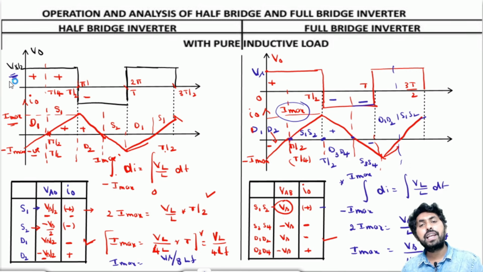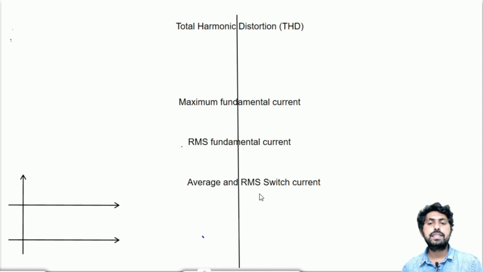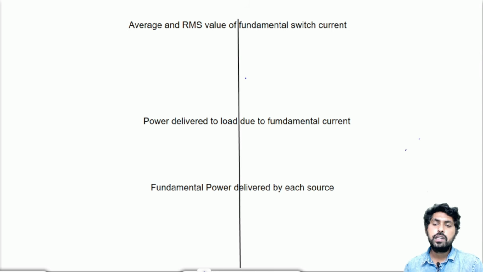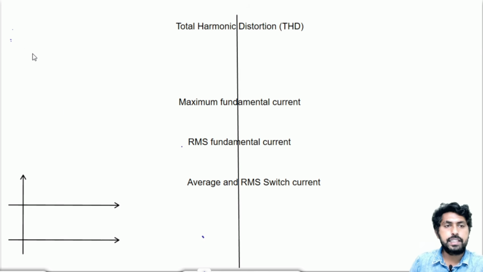So let us find the remaining parameters. The Fourier series expression will be the same for this. Let me find the Fourier series expression to find the THD.